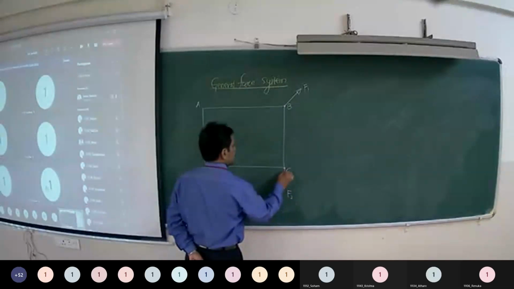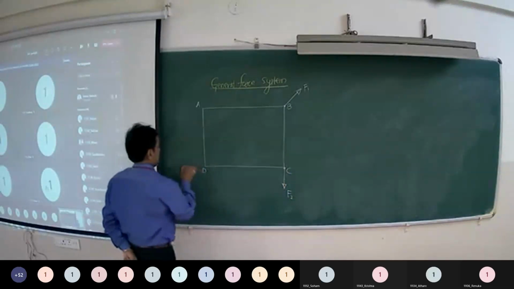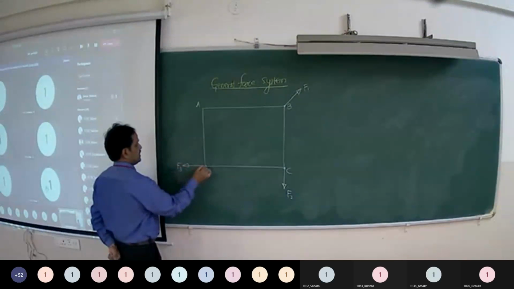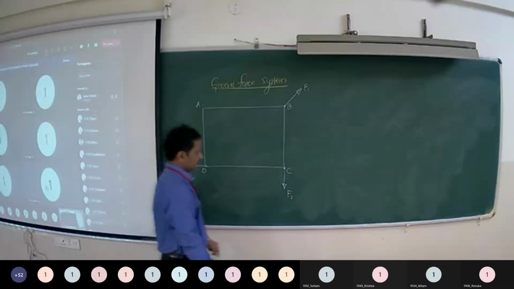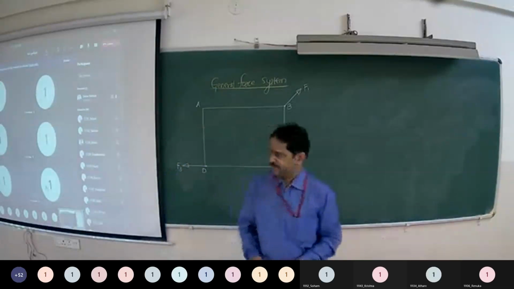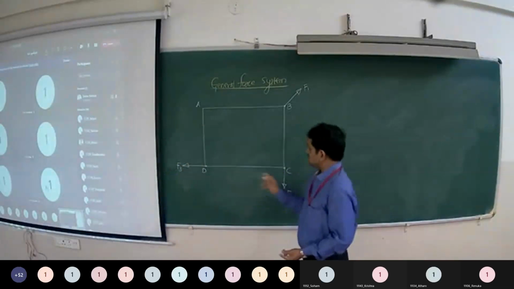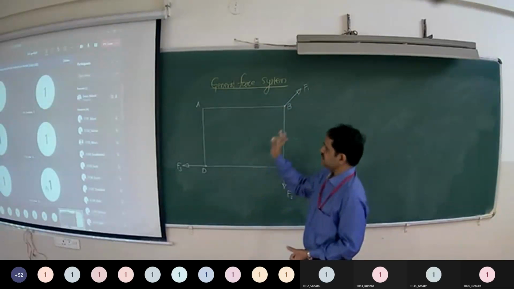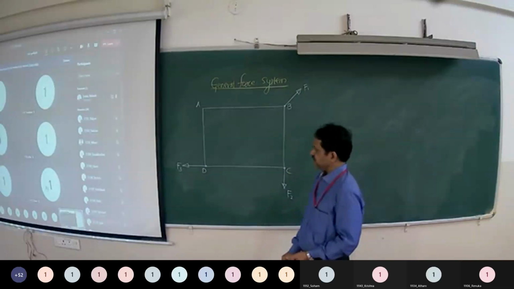F2 is acting at point C. F3 is acting at point D. Say three forces are acting in the plane. And these three forces are neither concurrent nor parallel. So it is general force system.